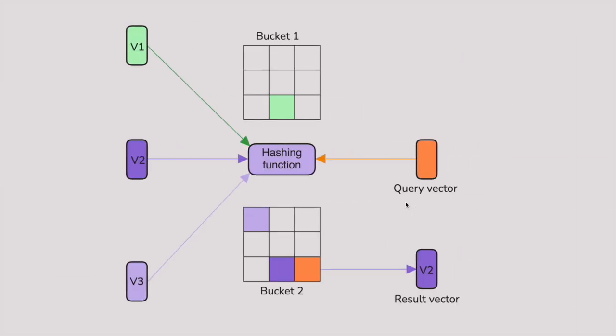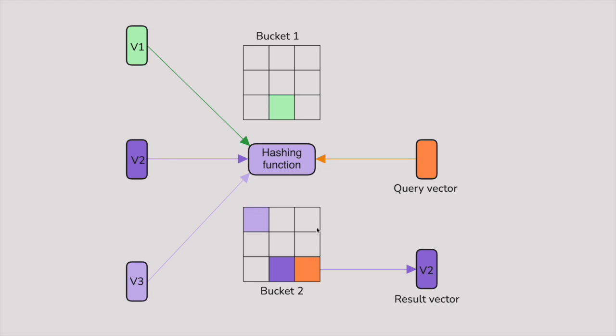The second family of algorithms is based on hashing, and this specific one is called locality sensitive hashing. As you can see on this diagram, it works with hash functions. As we receive vectors, we first apply hash functions to those vectors, and then based on the hash value, we put them into specific buckets. High level, what it does is it clusters the data.